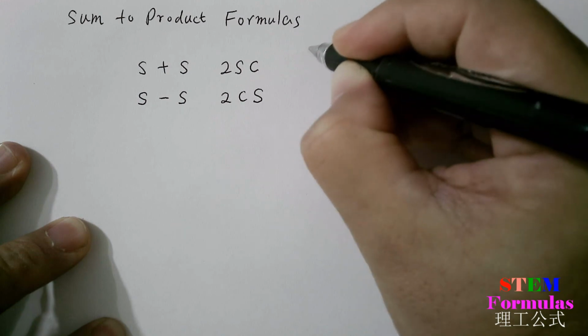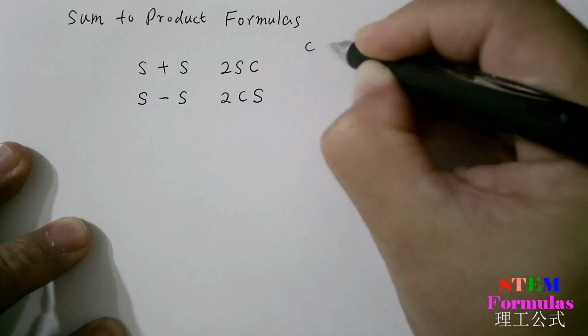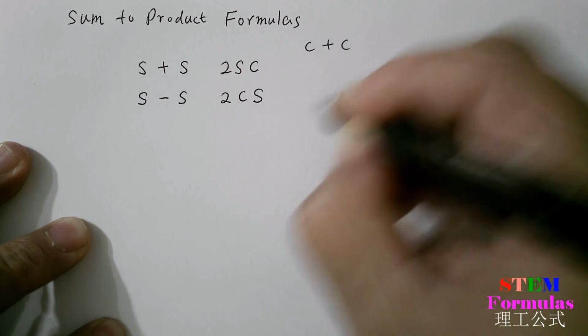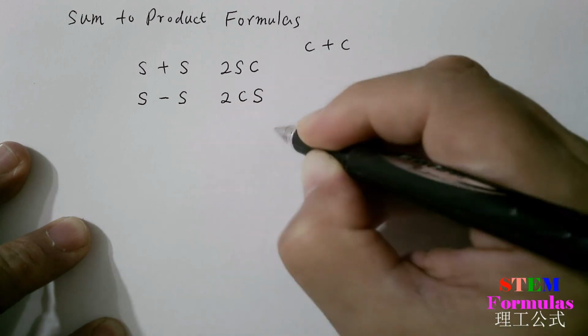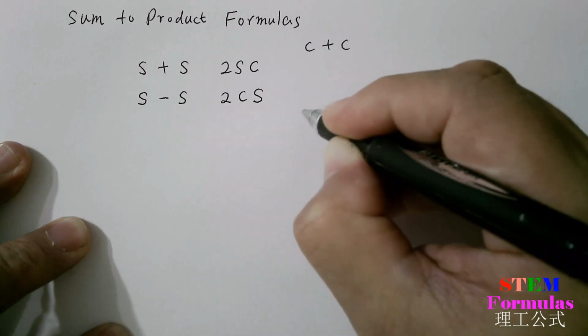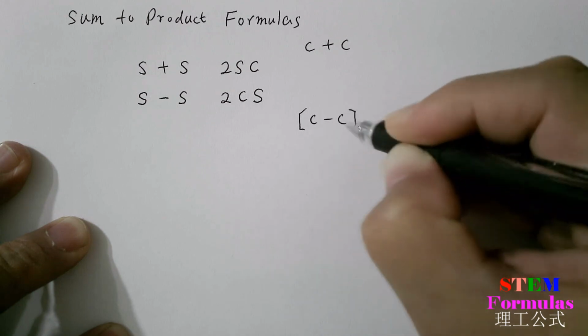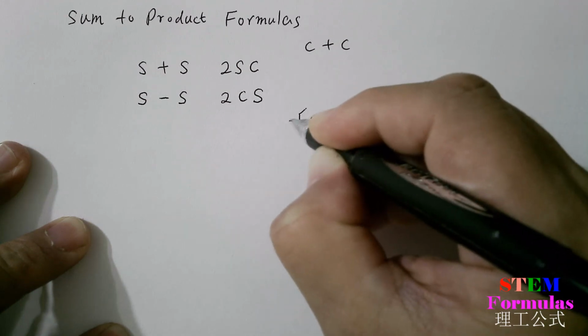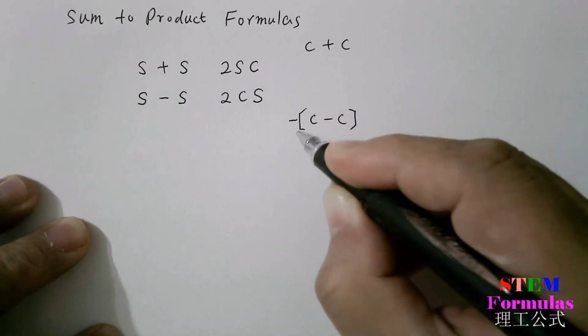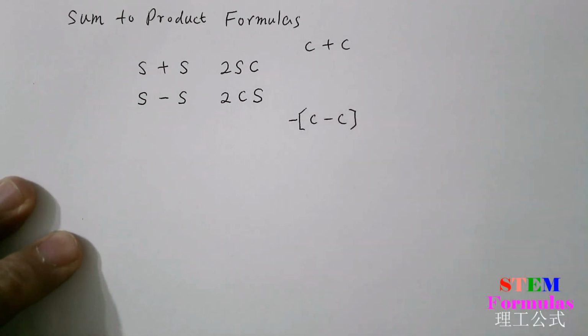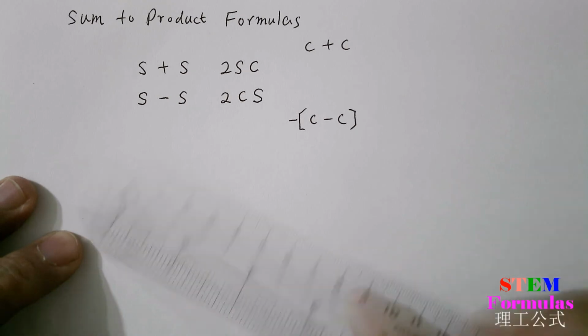Now C plus C, and here we have C minus C, with a bracket and minus sign in front. And we organize this way.